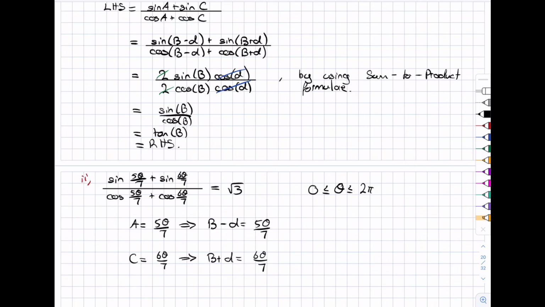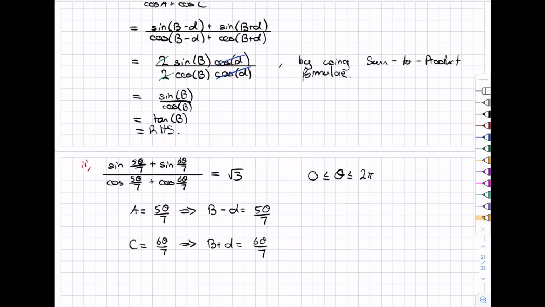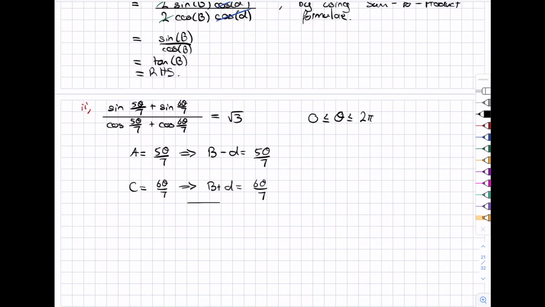Now if I'm trying to work out what b is, because I want to rewrite this whole thing as tan b, I've got two equations, so I'm going to solve them simultaneously, and here I'm just going to add them up. So adding these two up would eliminate the variable d. I get 2b equals 11 theta on 7, and so b equals, let's see, that's 11 theta on 14. Okay, so I've got b.